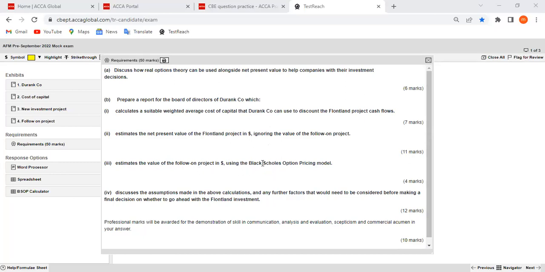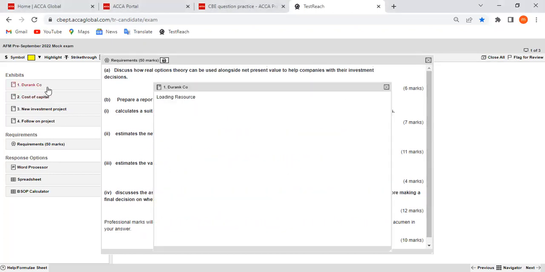So in this question, the BSOP will also be tested. Discuss the assumptions made in the above calculations and any further factors that would need to be considered before making a final decision. Professional marks will be awarded for the demonstration of the skills: communication, analysis and evaluation, scepticism, commercial acumen. 10 marks. So guys, very good question.